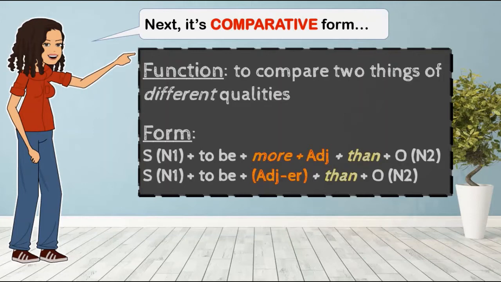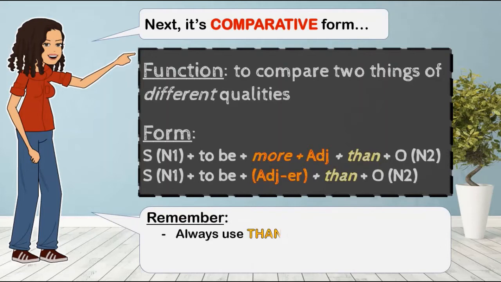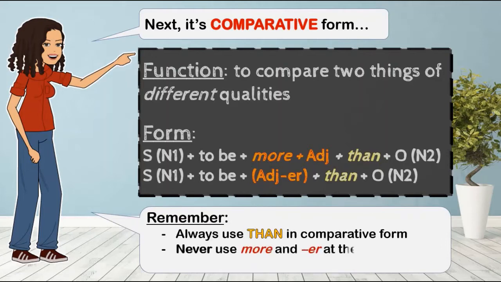Here, we talk about two things of different qualities. The first thing can be more blah blah blah than the second thing, or can be less blah blah blah than the second thing. Okay, the key point here is the word than in comparative form. That differentiates comparative from the positive and the next type. Okay, it has the word than.